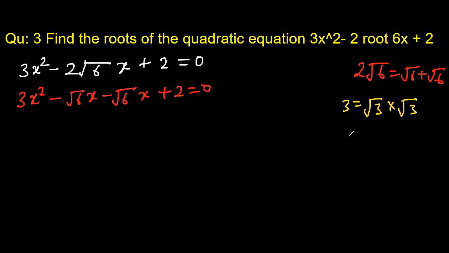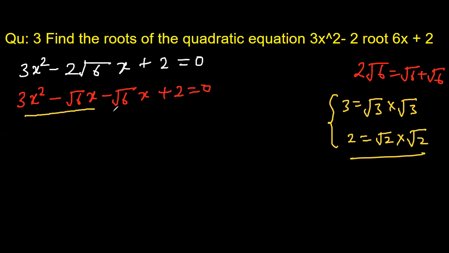In the same manner, 2 can be written as square root of 2 into square root of 2. Now we can easily see that there is something common in these terms. And also the square root 6 can be written as square root of 2 into square root of 3.